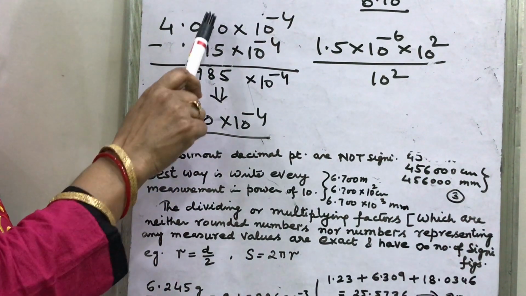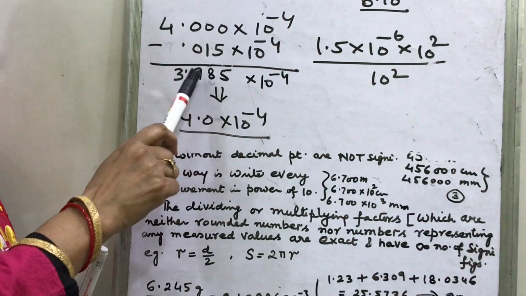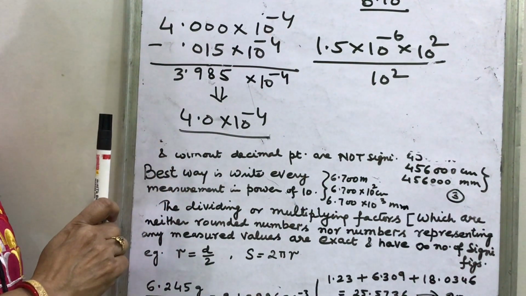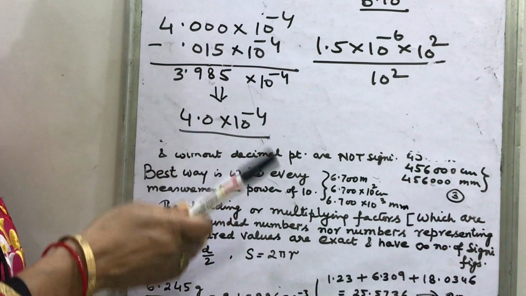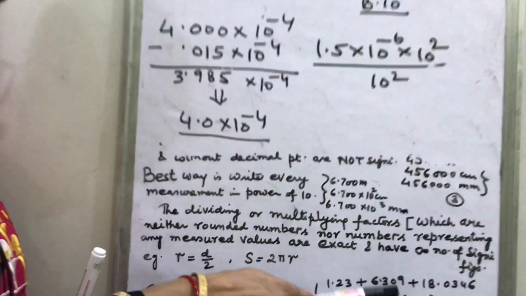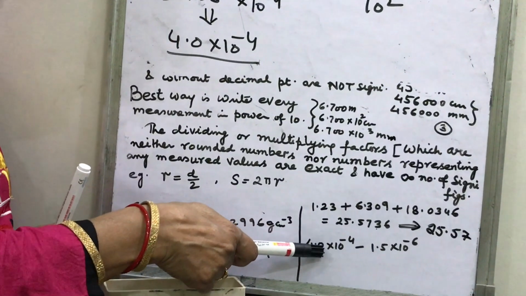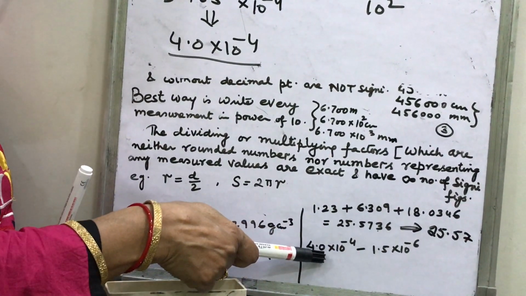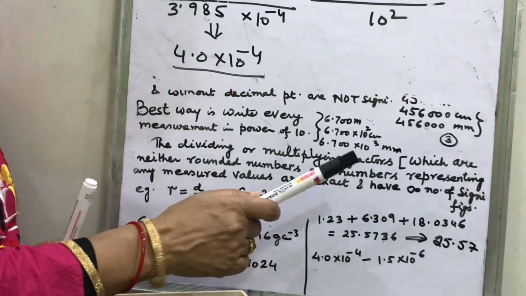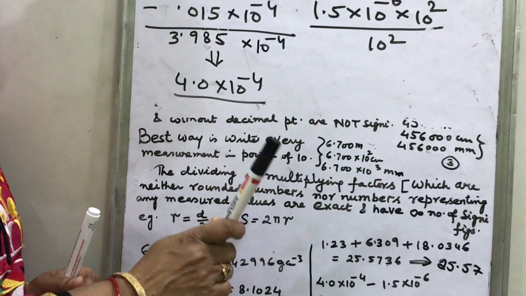Now after subtraction, do it properly, and you are getting 3 places after the decimal. And how many numbers after the decimal in the quantities which are subtracted? Only 1. Look here, this is 0.0, only 1 decimal place, and here 0.5, only 1 decimal place. So the answer must contain only 1 decimal place.